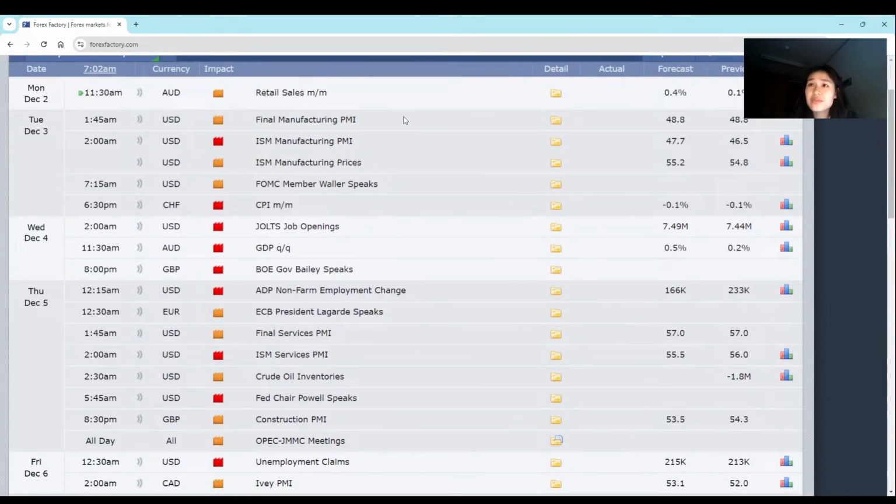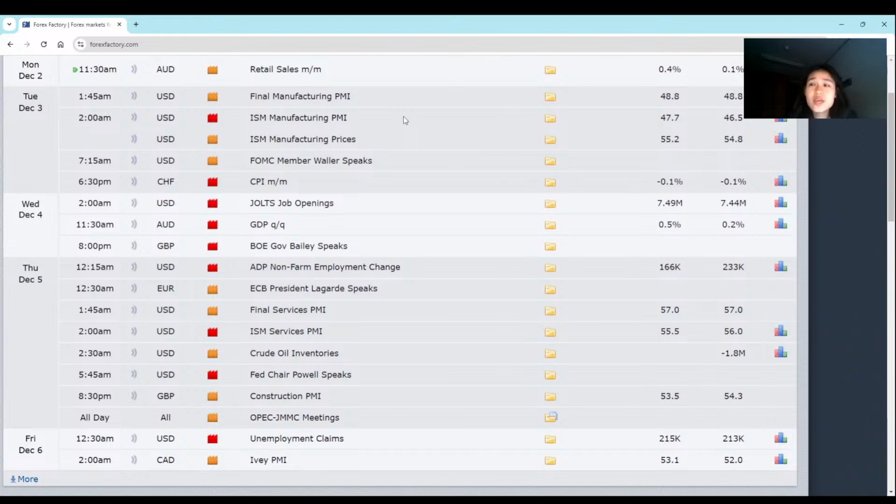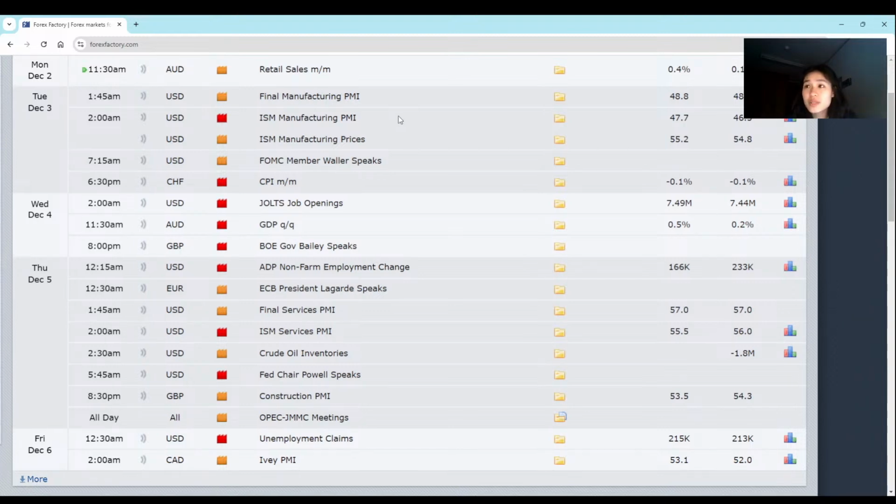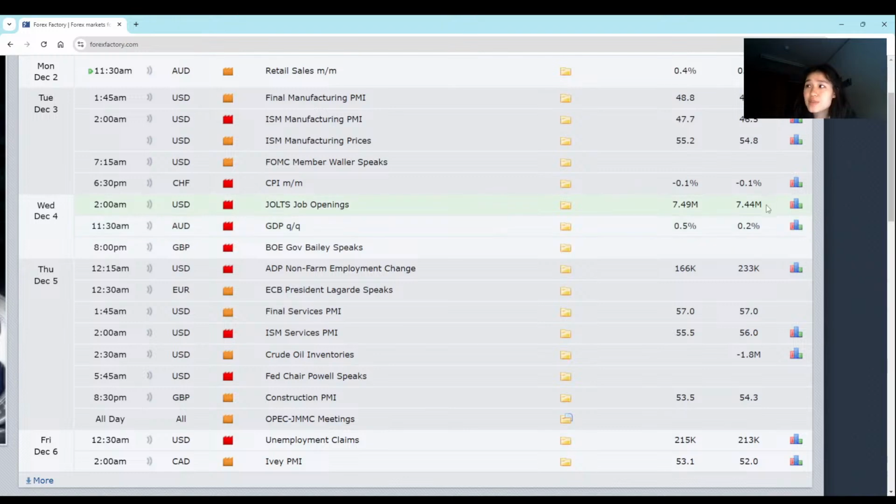We also have on Tuesday US final manufacturing PMI, ISM manufacturing PMI and prices, as well as FOMC member Wallace speaking. We also have in Switzerland our inflationary data, CPI data, expected to remain the same at minus 0.1%.